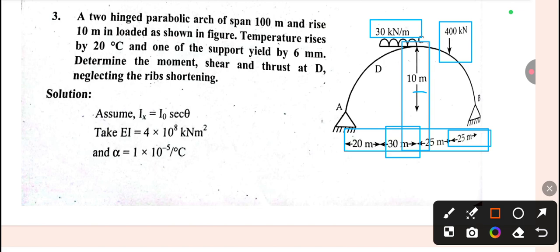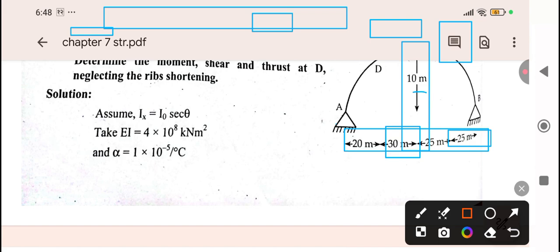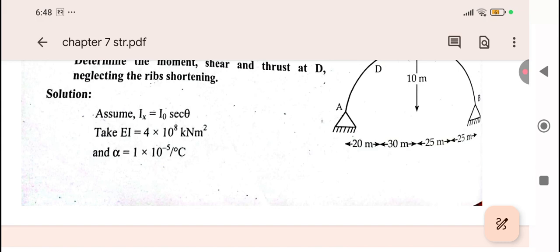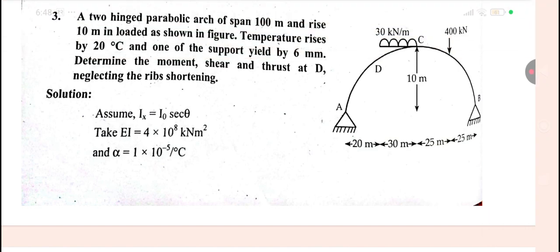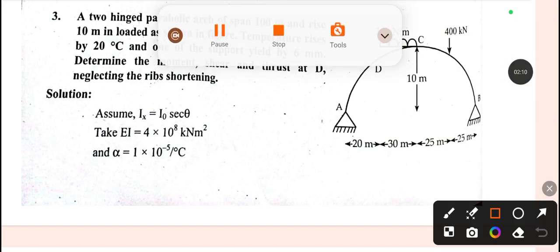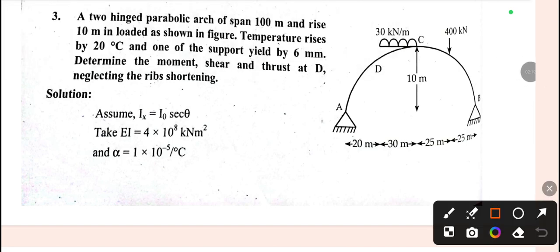Now just read the question. A two-hinged parabolic arch has a span of 100 meter and a rise of 10 meter. The temperature rises by 20 degrees Celsius, and one of the supports yields by 6 mm.